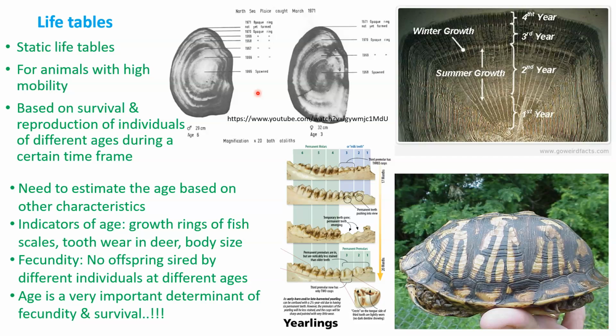And also, what you need to understand is that age, like you saw in the previous plant life table, is a very important determinant of fecundity and survival. There's a certain age in a given population where the survival is maximum and the fecundity is also maximum. So here's a really interesting hypothetical situation.